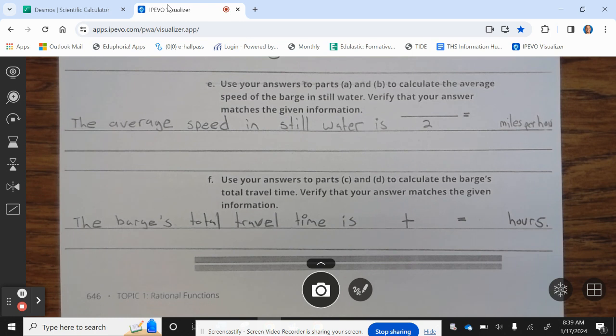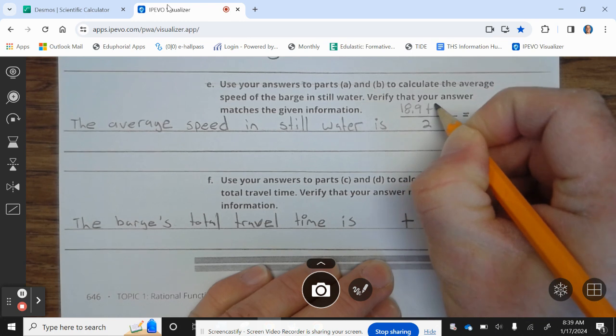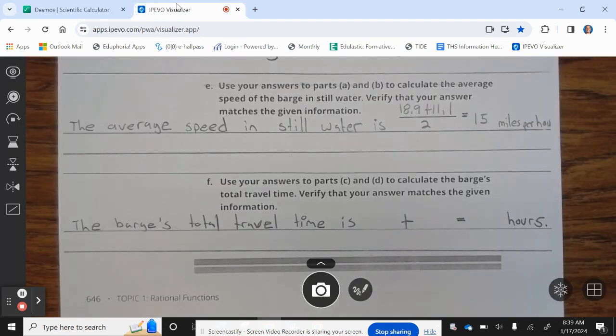The average speed in still water is 18.9 plus 11.1 divided by 2, which is 15 miles per hour. F. Use your answers to parts C and D to calculate the barge's total travel time. Verify that your answer matches the given information.